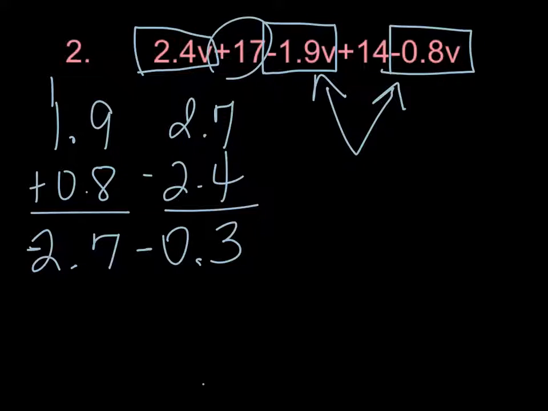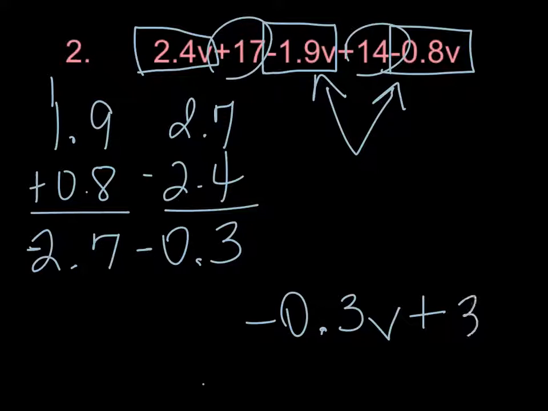Then I have positive 1.7 and positive 1.4. So I have negative 0.3v plus 3.1 as my final answer.